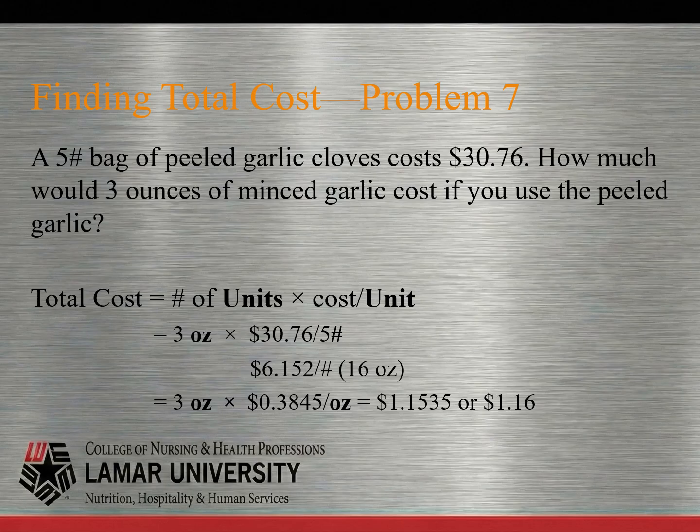We know how much it is per ounce, so 3 times the per ounce cost is 3 times 0.3845. And that gives us a total of 1.1535. It's money, so we're rounding it up. So it's $1.16.